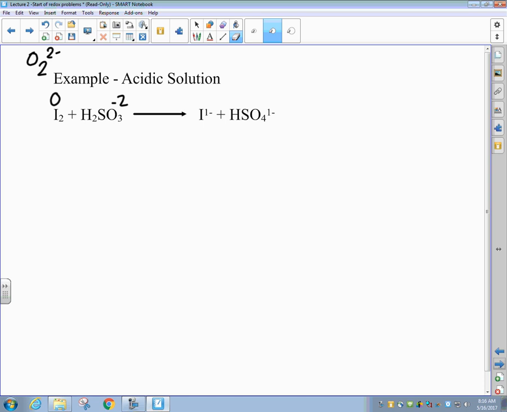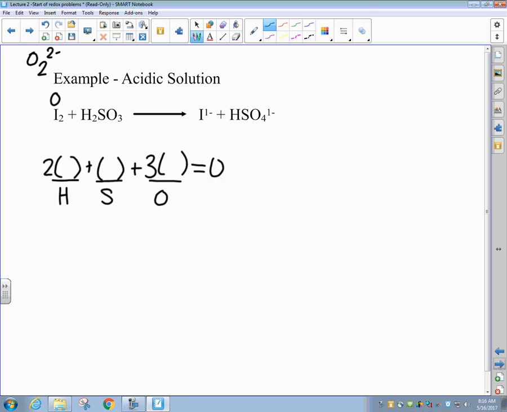We can break this sulfurous acid apart to try to determine what the oxidation states are for the other elements. So we know we have hydrogen, 2 atoms of hydrogen times the charge of hydrogen plus 1 atom of sulfur with its charge plus 3 atoms of oxygen's charge, and all of that has to add up to an overall charge here of 0 because it's a neutral molecule.